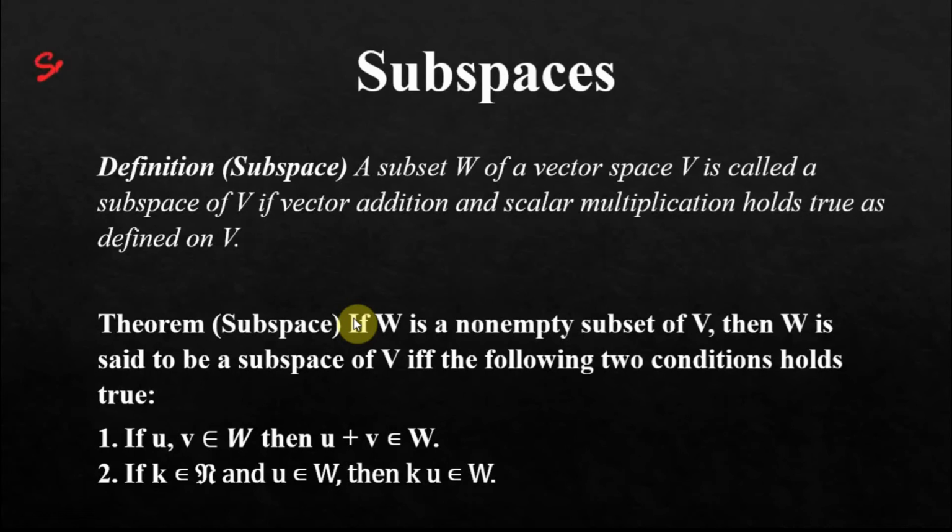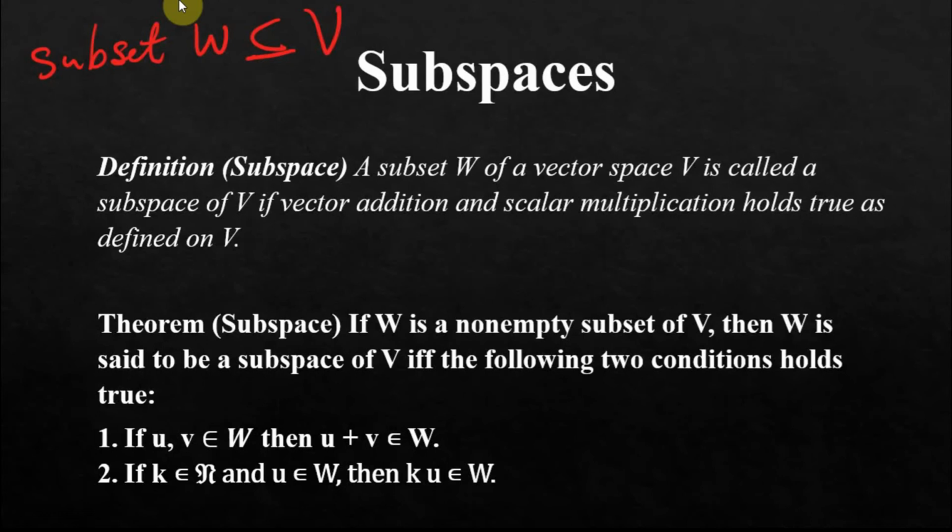This subset W, written in this form as a subset of V, can be shown to be a subspace if the two properties of closure hold.